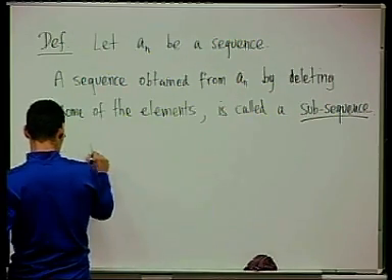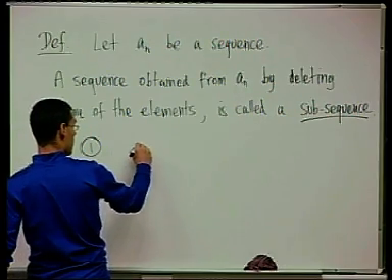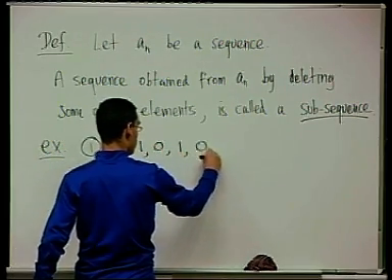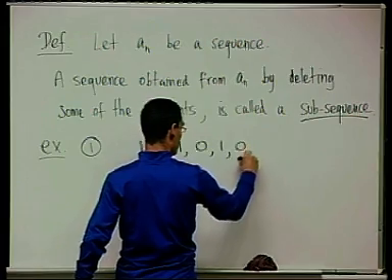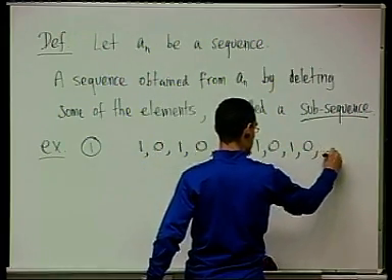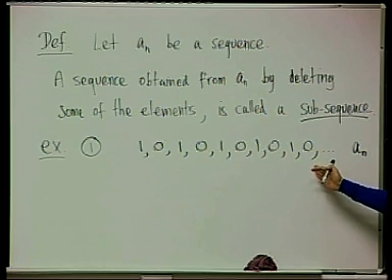So example 1, let's look at the sequence. This is going to be a_n. a_n is going to be 1, 0, 1, 0, 1, 0, 1, 0, 1, 0, dot, dot, dot. Is it bounded? Yes. Does it have a limit?